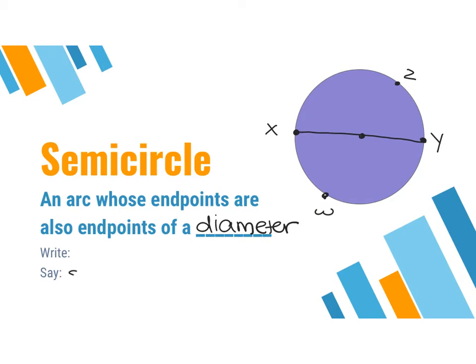I would say semicircle x, z, y. I'm going to write it x, z, y with a big arc. And the reason I want the letter in between is if I just say semicircle x, y, you don't know if I'm talking about this semicircle or this semicircle. Okay, so you need to include one more letter that's in between x and y so that we know which one you're talking about.